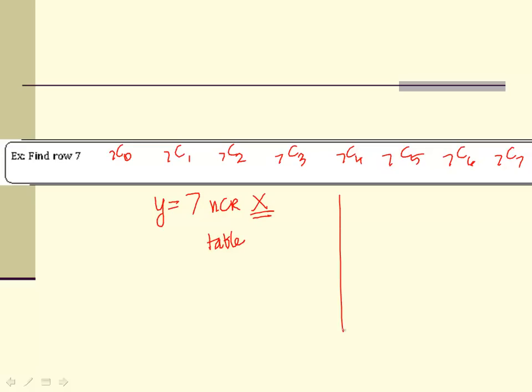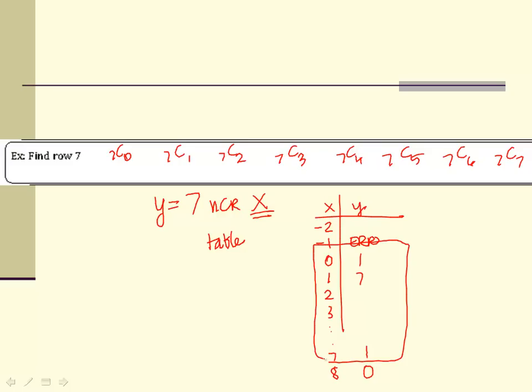Now, when you look at your table, they give you the X and the Y. If you're looking at negative numbers, you will see errors because you can't take a combination of a negative number. But starting at 0, you're going to see 1, and at 1 is 7, and at 2 is something, and 3 is something, and it goes all the way down to 7, you'll see 1, and then at 8, you'll again see 0.